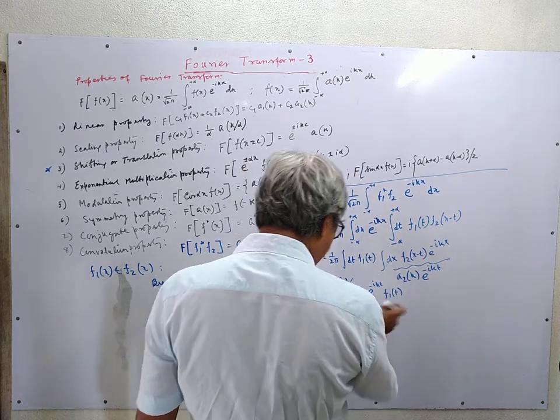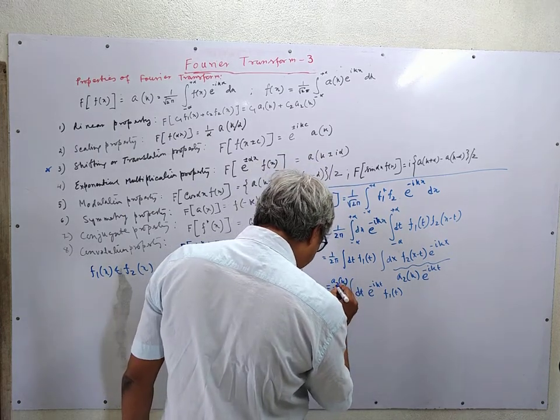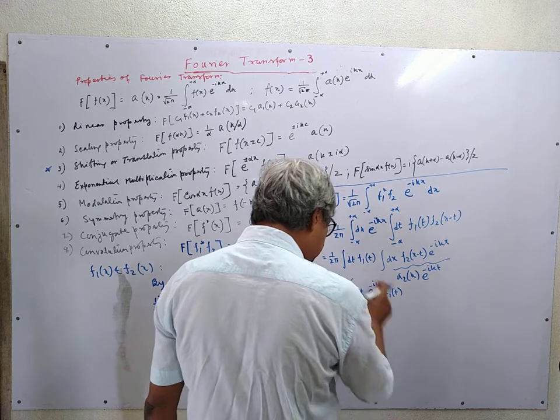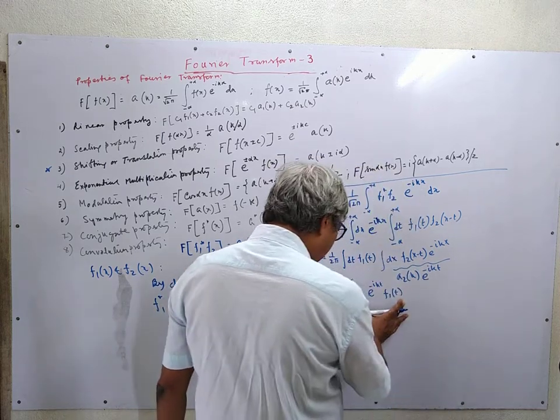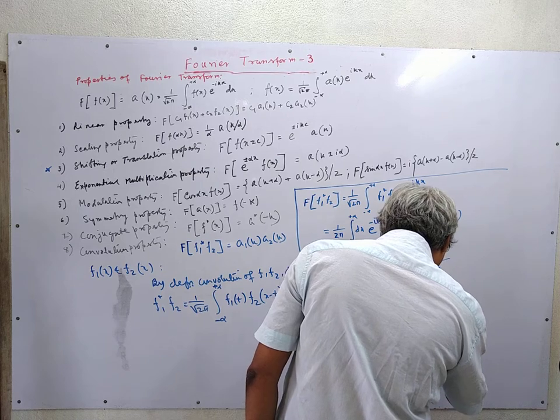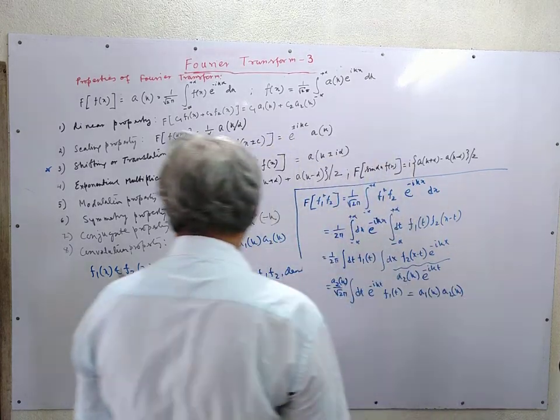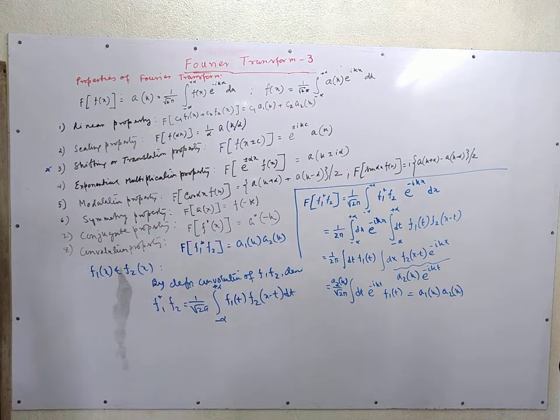Since the integration left is over t, we can take A2 of k out of the integral, and this part is A1 of k, so the result is A1 of k multiplied by A2 of k. This is the convolution theorem.